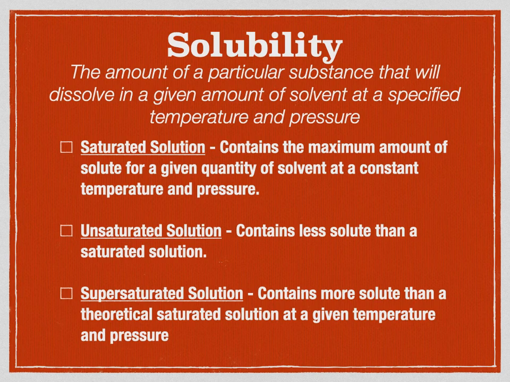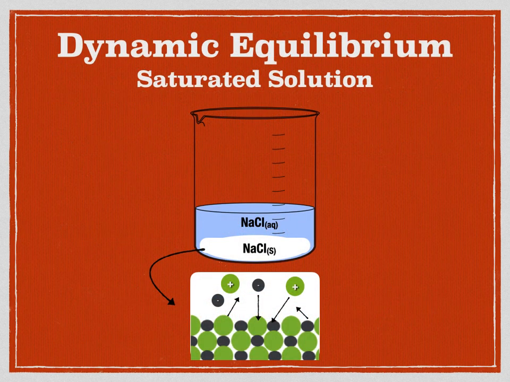Focusing for a second on a saturated solution, it is kind of important to point out that in a saturated solution, even though the maximum amount of solute is dissolved, you're actually going to be in a state of what's called dynamic equilibrium, where the amount of solute dissolved is going to be constant, but which particular ions are dissolved will not be.